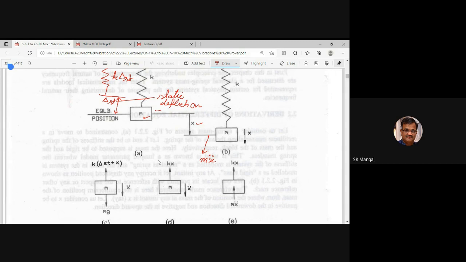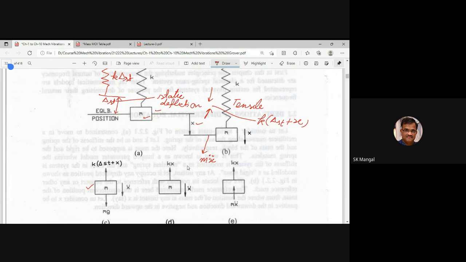If I take a free body diagram of the mass, it has been shown here. Now the spring is basically under tensile force externally, so internally it will be having a compressive force, and this force is nothing but the spring coefficient into the total displacement, delta st plus x, which I am showing here.